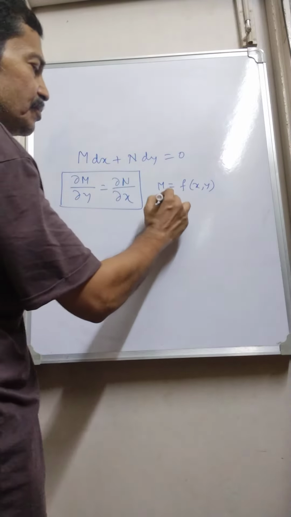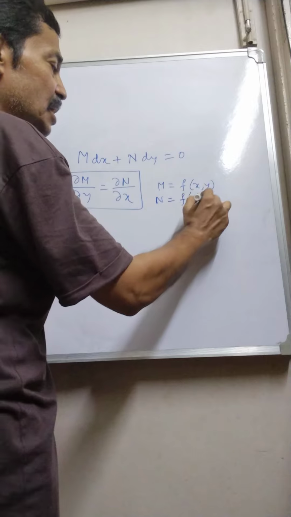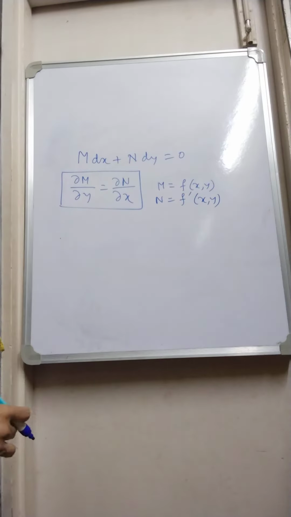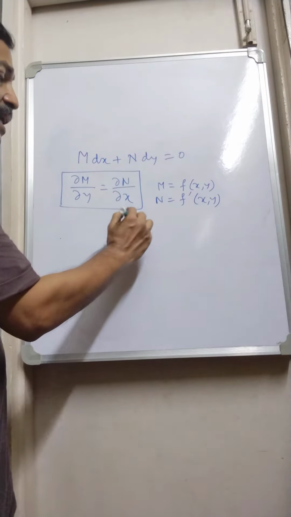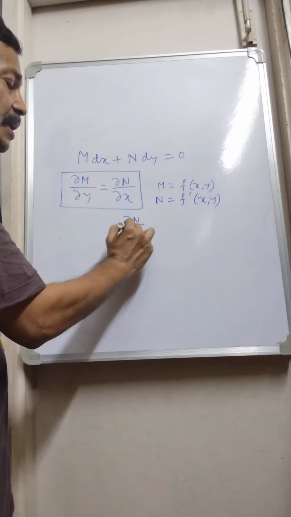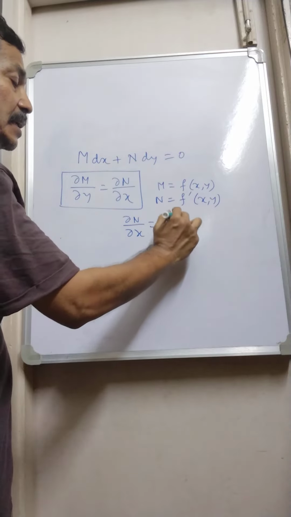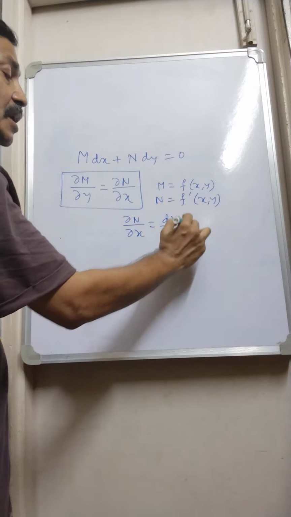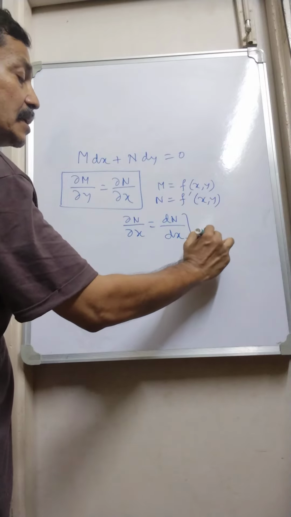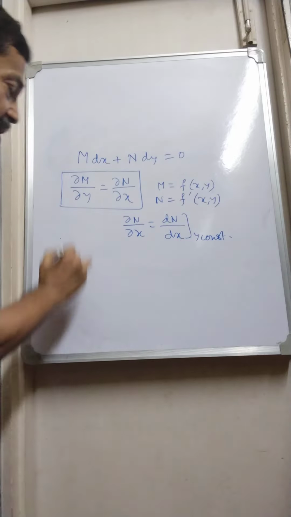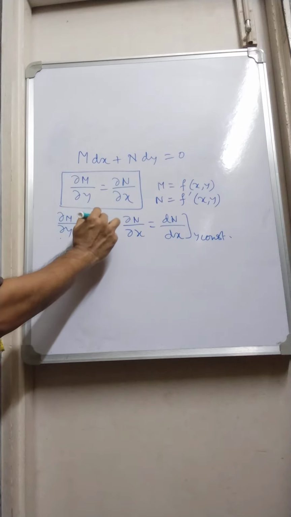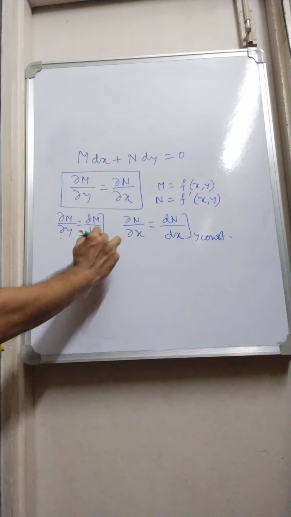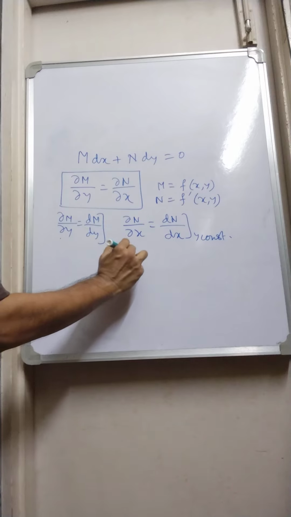And similarly in case of N, which is another function of both x and y, where x and y are both treated to be independent variables, then ∂N/∂x indicates actually dN/dx, getting the derivative of N where y is treated to be constant. And similarly ∂M/∂y is dM/dy treating x constant.